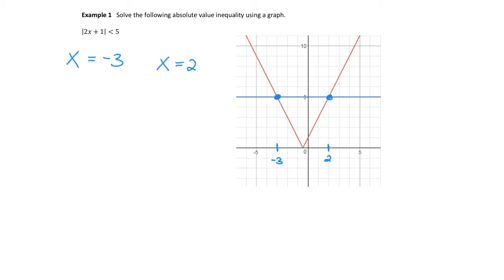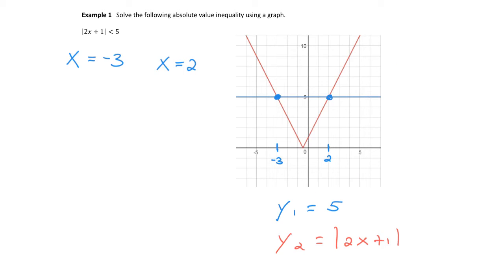Once you have all this information, to answer the inequality, you can graph your two sides and see where one is greater than or less than the other. So the way I have this listed again is I put for y1 just the horizontal line 5, and then for y2 I entered the absolute value of 2x plus 1. And this is the picture that popped up.